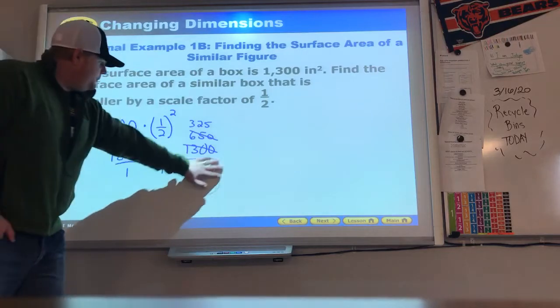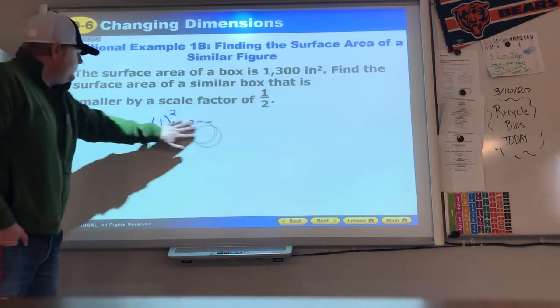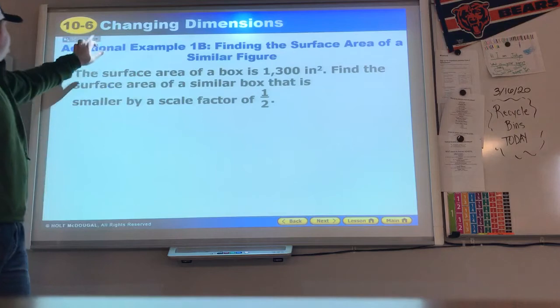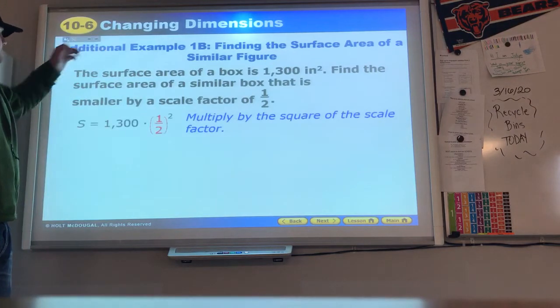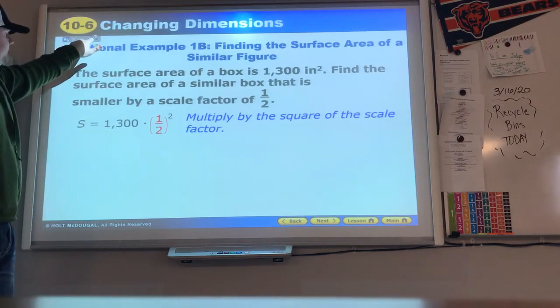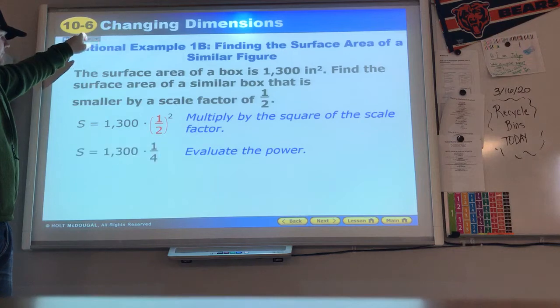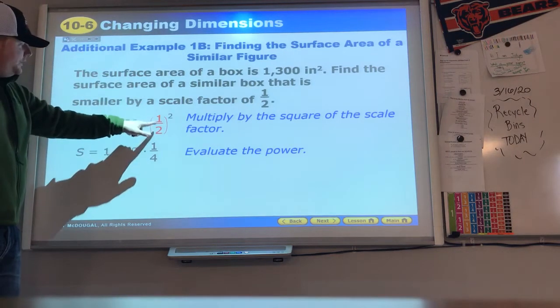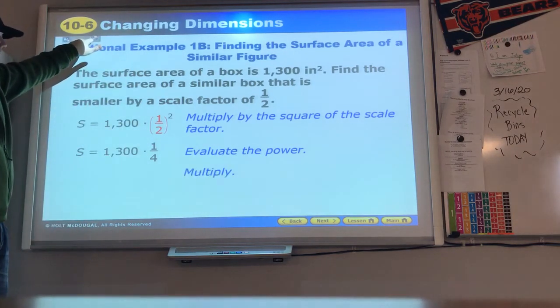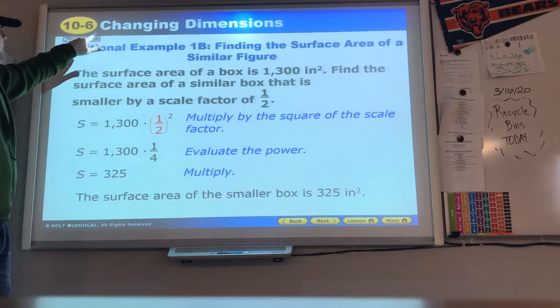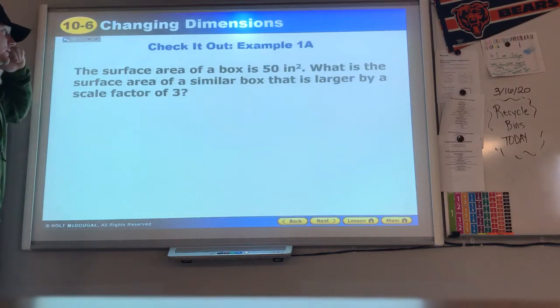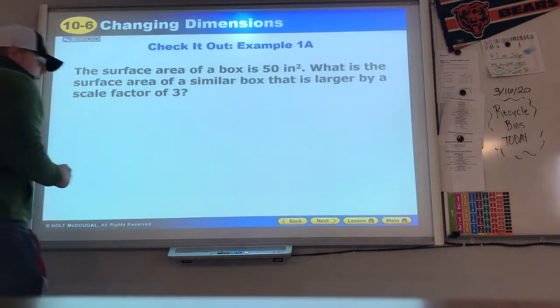Let's see if they came up with the same answer. They did what I did: 1/4, because that's 1/2 times 1/2, and 325. Next, the surface area of a box is 50 inches squared. What is the surface area of a similar box that is larger by a scale factor of 3? Stop! Do the math!